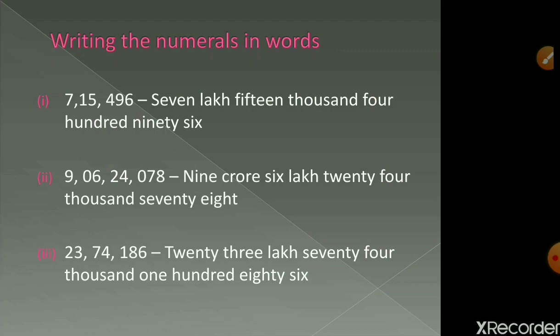Now, the numerals which we have written in the previous slide have been written here in words. So we can see here very clearly the place value of each number. So the first one is, if we start from the right hand side, ones, tens, 100, 1000, 10,000, lakh. So we can write the number name as 7 lakh, 15,496.